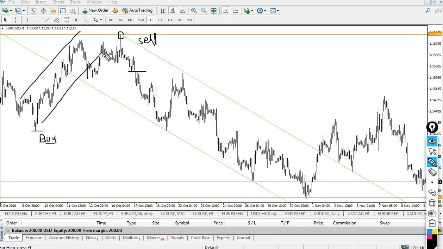So how do you finalize that the market has finished this channel? You see that the consolidation part overcomes here, and it's out of the channel. It's simple to determine that the bearish or bullish channel is now over, the market escaped from the channel.